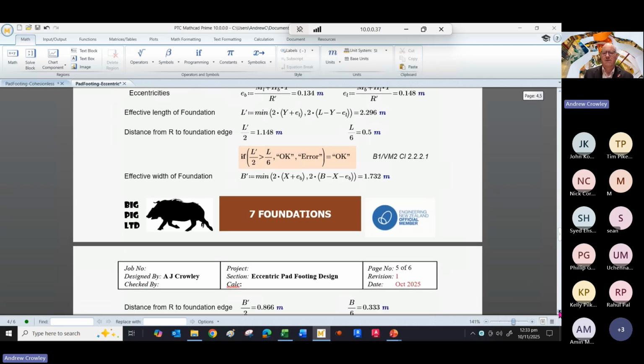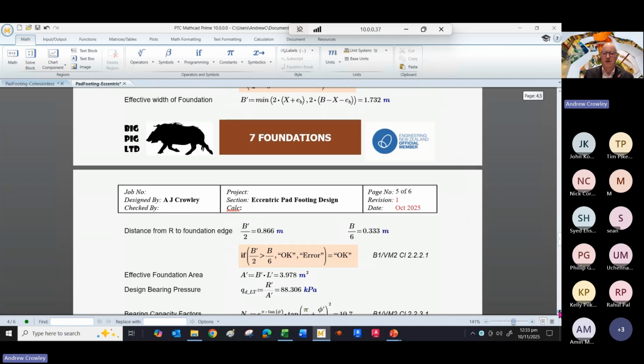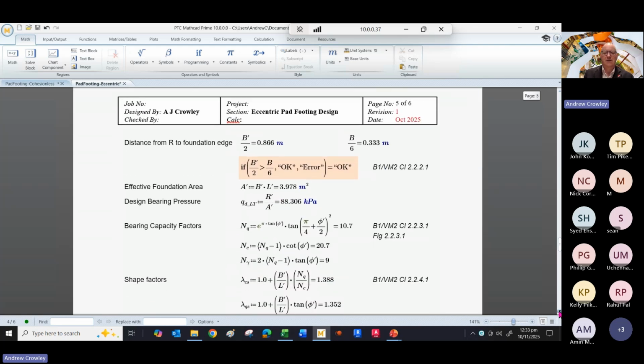Now, because the depth of the groundwater isn't particularly deep, the figures are not hugely different. However, if you are a much deeper foundation with a much greater height of groundwater, then there can be a big difference.